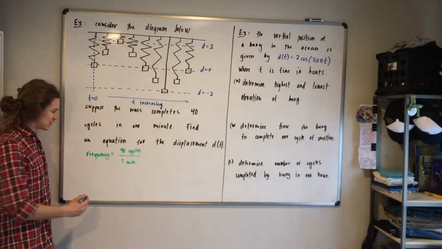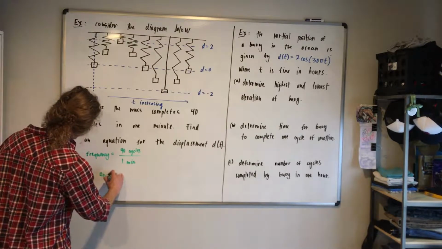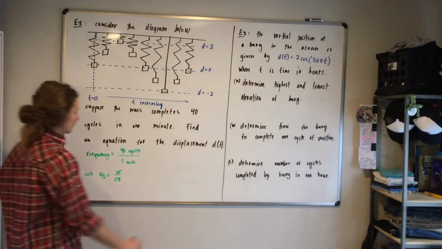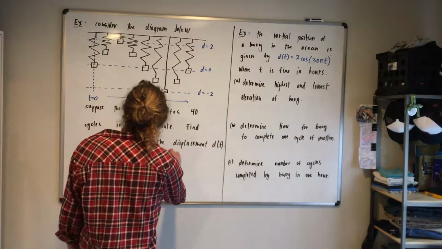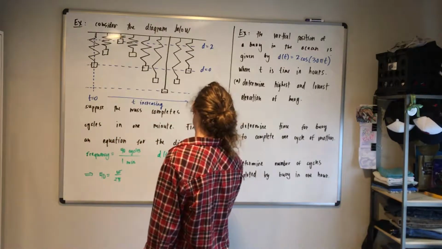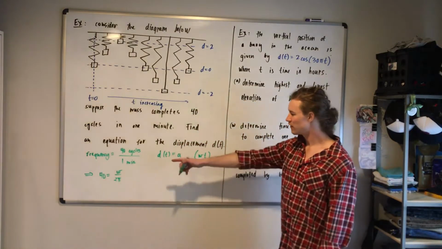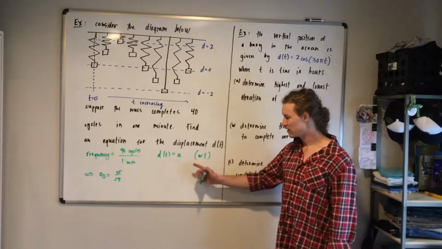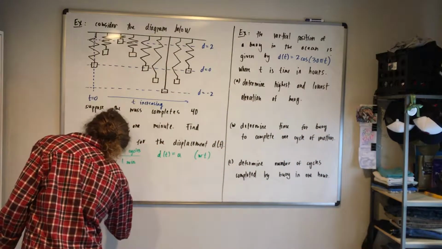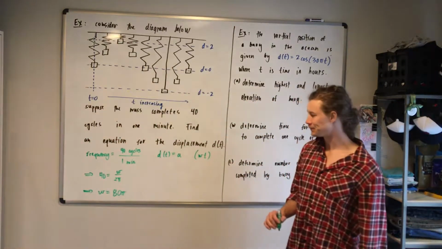And from this value we know then that 40 must equal omega over 2 pi, where we're looking at the form for our equation d of t equals a times some trigonometric function of omega t. So I've jumped to find the value of omega there, and we'll find in this case that omega is equal to 2 pi times 40, or 80 pi.